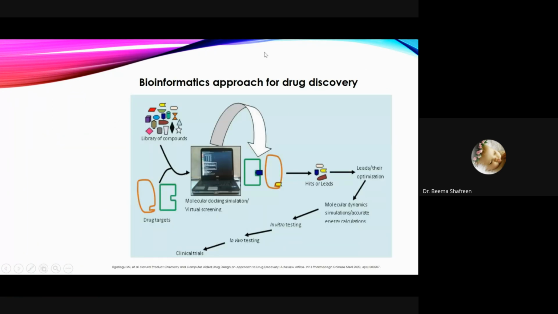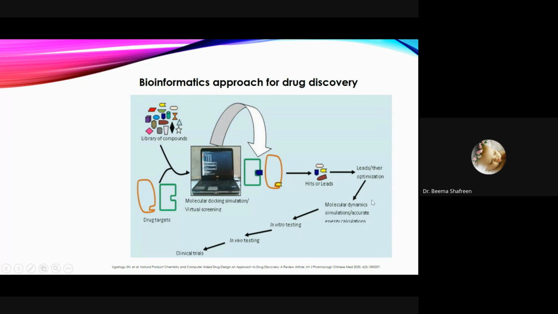So this is one representation of the basic bioinformatics approach for drug discovery, where you have a library of compounds. These compounds will be screened against the drug targets using a computational approach, where molecular docking, simulation, or virtual screening can be performed on a computer. This is your target, the receptor to which your ligand molecules are binding, exactly at the active site. Then these hit molecules, now called leads, will be taken for optimization.